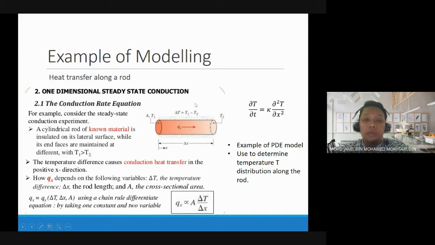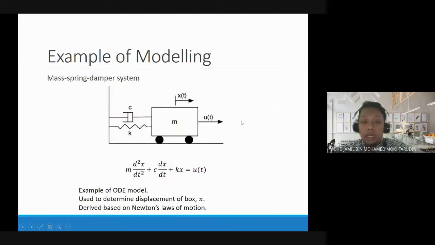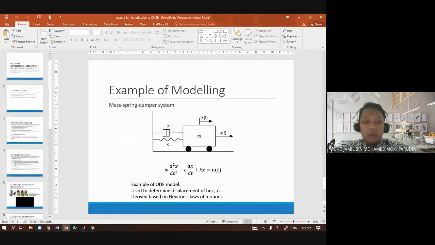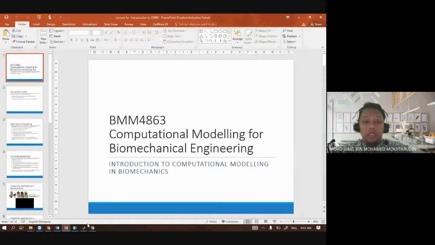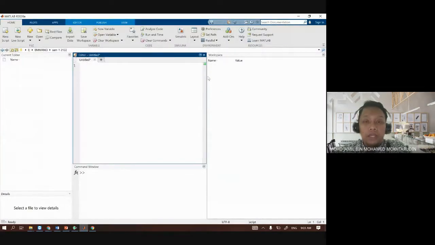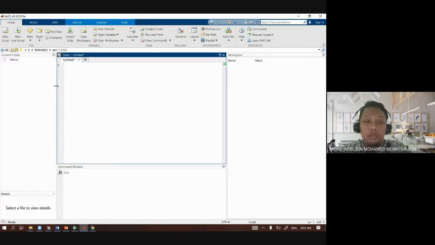Okay, so there are two types of model. We have ODE and PDE. For the midterm, we will look at how to model ODE using MATLAB. Before we go into learning about solving ODE in MATLAB, if you have MATLAB, you can open it, and then we can go through basic things about MATLAB.